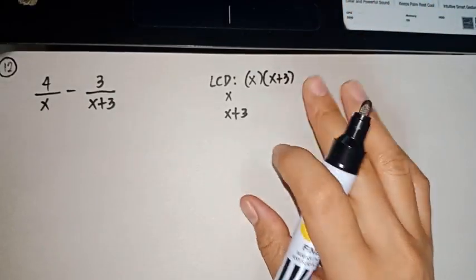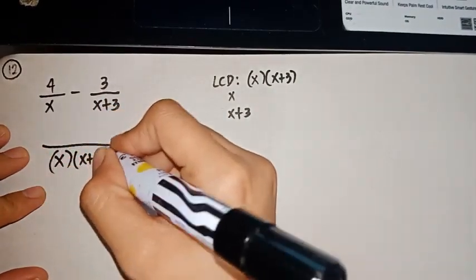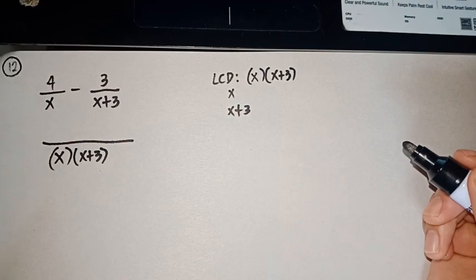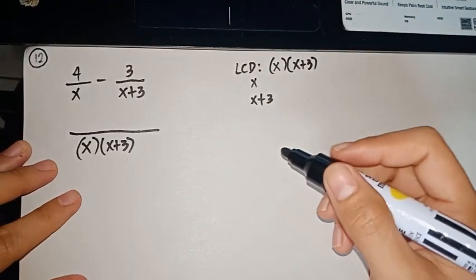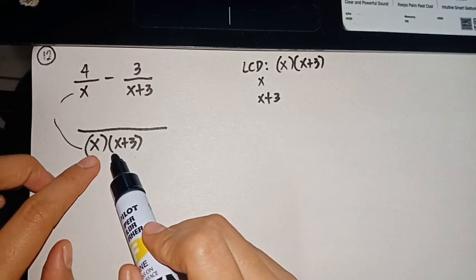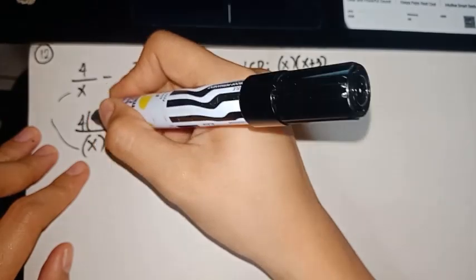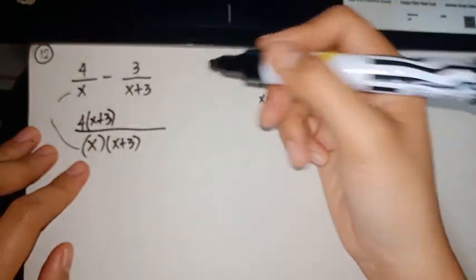That means our overall denominator is x times x plus 3. Next is to divide, then multiply. x times x plus 3 divided by x, cancel out. We have 4 times x plus 3.